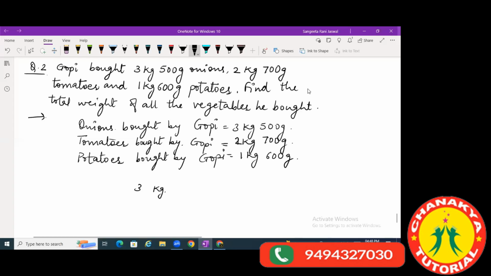You can write kg on top, and grams can be written this side. So this becomes 3 kg 500 grams, 2 kg 700 grams, 1 kg 600 grams, right? And then you add them. So when you add them, what do you get?